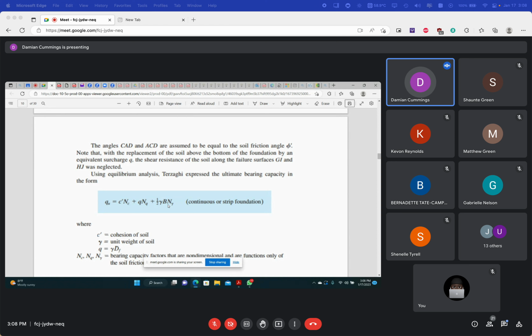So if we are exceeding our ultimate bearing capacity by say 2 or 3 times, what we may need to do is design a raft foundation instead of a strip foundation, because the strip foundation becomes so wide, right?